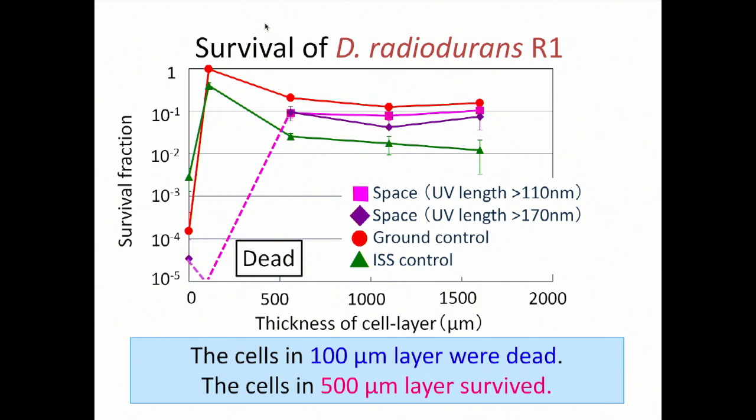And in the ISS cabin, we saw a little bit lower, but still very high survival after 1 year. Compared with these two controls, the space-exposed samples were dead if the thickness was less than 100 micrometers, illuminated by solar UV. But the thicker samples stayed alive, comparable to the ground or the ISS cabin control.